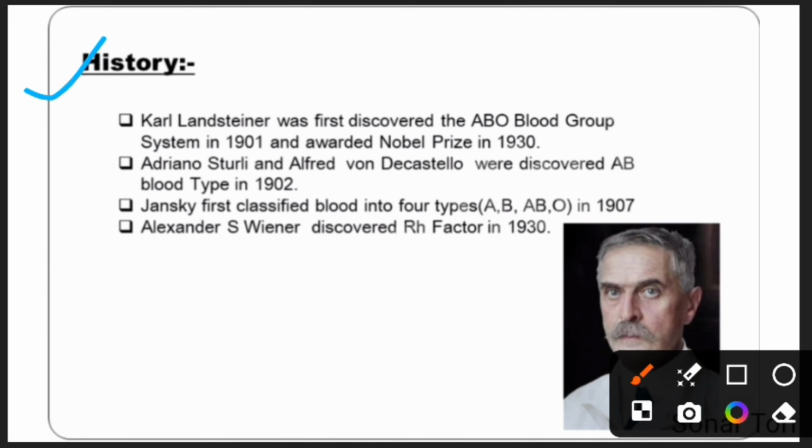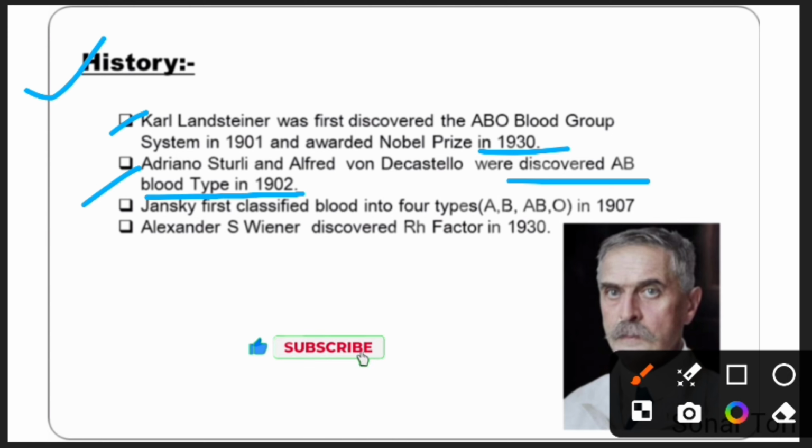History of blood group. Karl Landsteiner first discovered the ABO blood group system in 1901, and for this he was awarded the Nobel Prize in 1930. Adriano Sturli and Alfred von Decastello discovered the AB blood type in 1902.